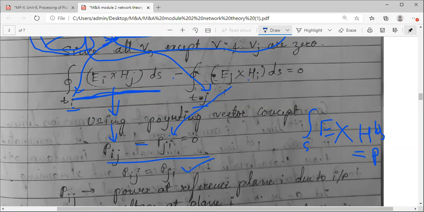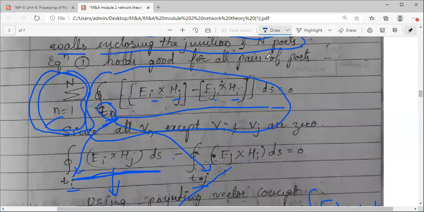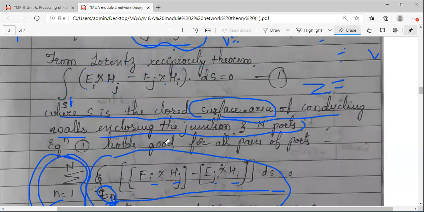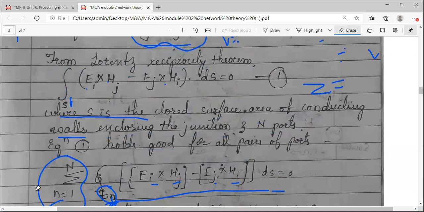We have arrived at a point where, starting from the multi-ports, of which we considered only two ports, I and J. For those two ports, we took the Lorentz reciprocity theorem, that is the equation, which is the surface integral.